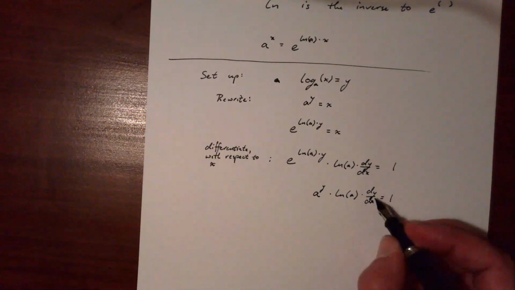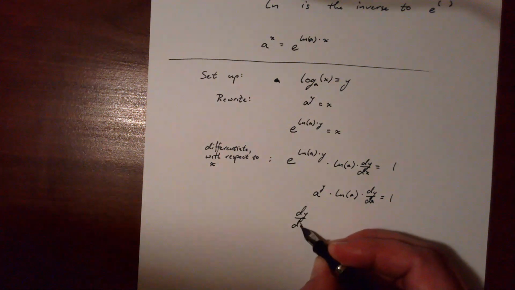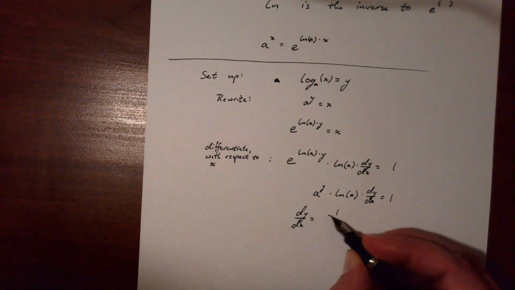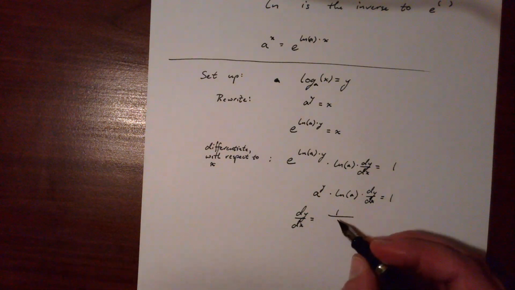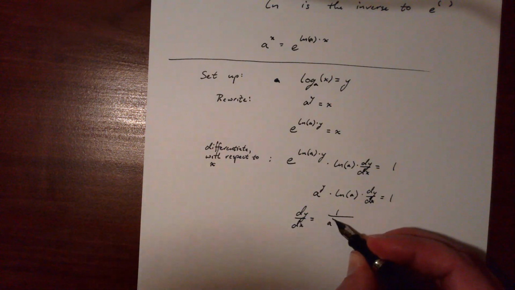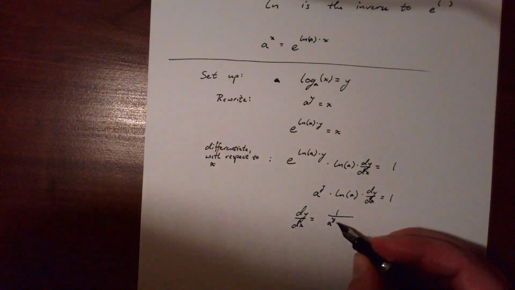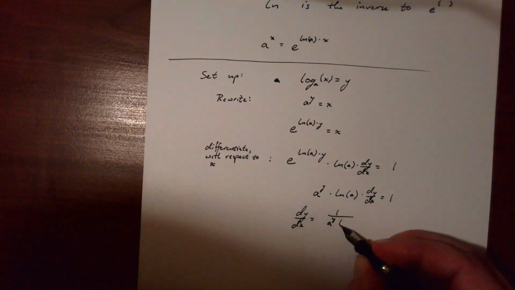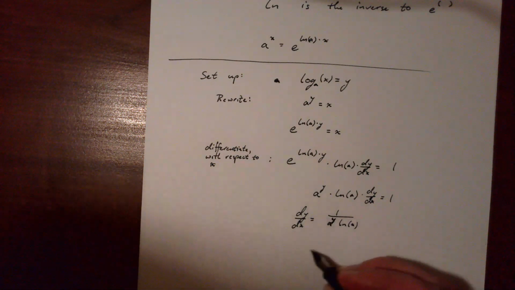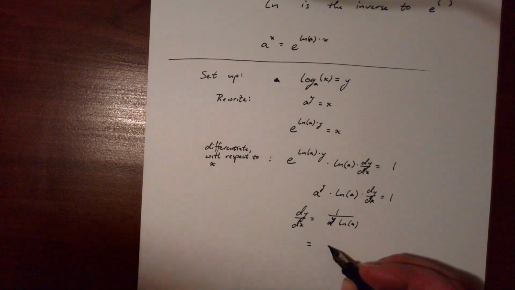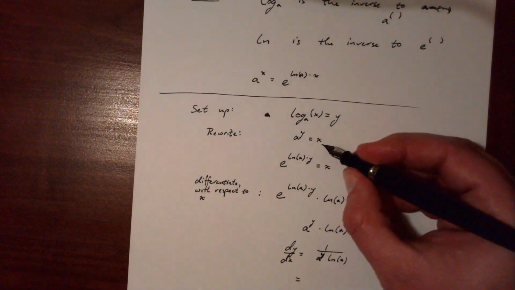Okay, so then if I solve this for dy dx, then I'm just going to have 1 over a to the y natural log of a. But what's a to the y? That is just the same thing as x over here.